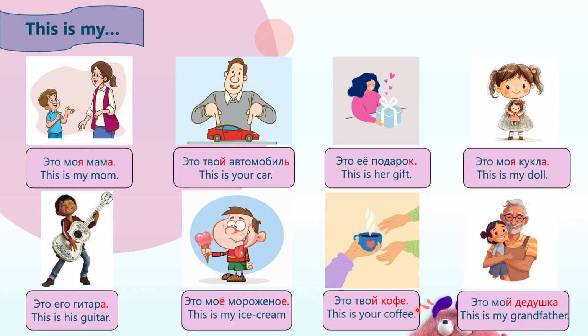Это твой кофе. Coffee ends with е, but this is masculine gender, that's why we use твой instead of твоё. Это твой кофе. Это мой дедушка. Дедушка ends with а, but дедушка is male, that's why we use masculine gender. Это мой дедушка.